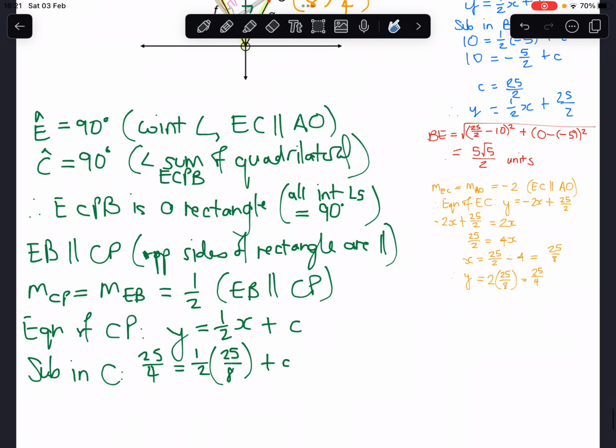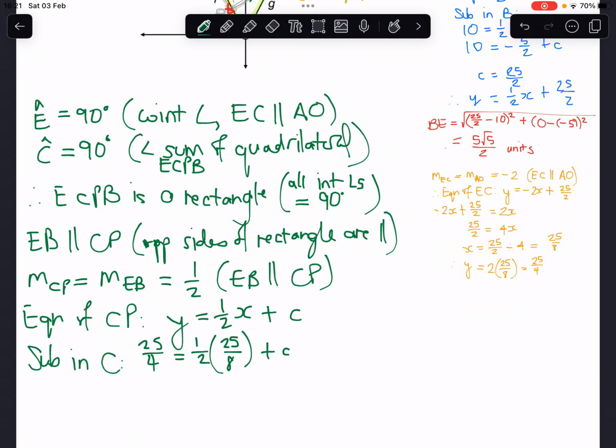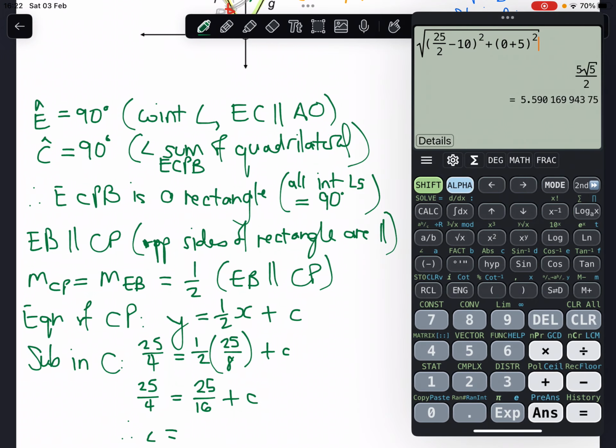Okay, right, so let's solve for C. So we've got 25 over 4 is equal to 25 over 16, lots of 25s. And so C ends up being 25 over 4 minus 25 over 16 gives us 75.